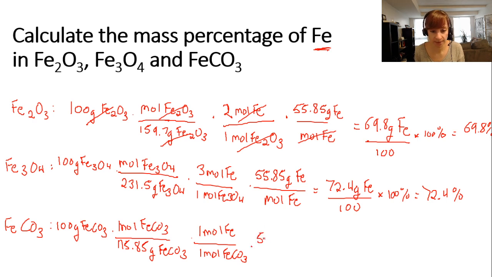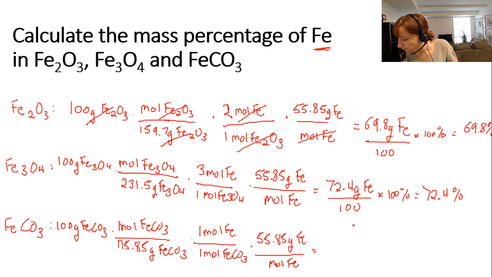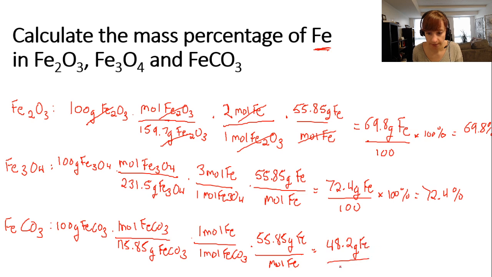Okay, we're going to multiply that by the molecular weight of iron again. And that is going to give us 48.2 grams of iron. Divide that again by 100 times by 100%.